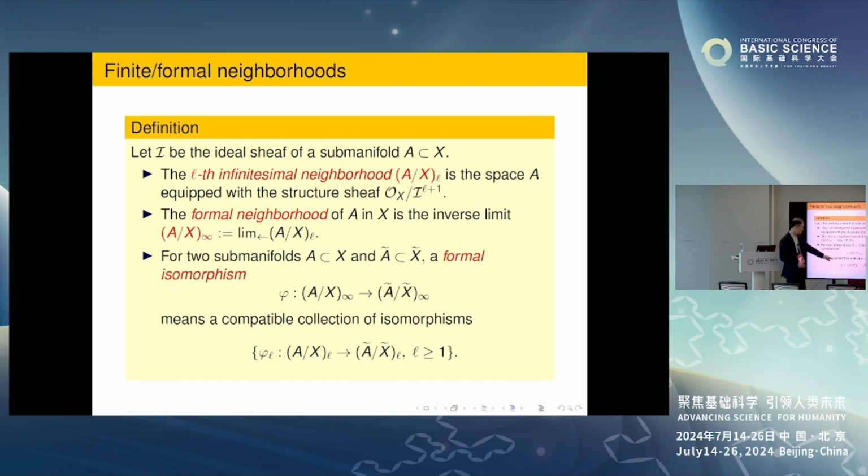This means that you have isomorphisms of these infinitesimal neighborhoods for arbitrary order, such that this collection of isomorphisms is compatible with respect to the obvious restriction maps. Then we say that it is formally isomorphic.